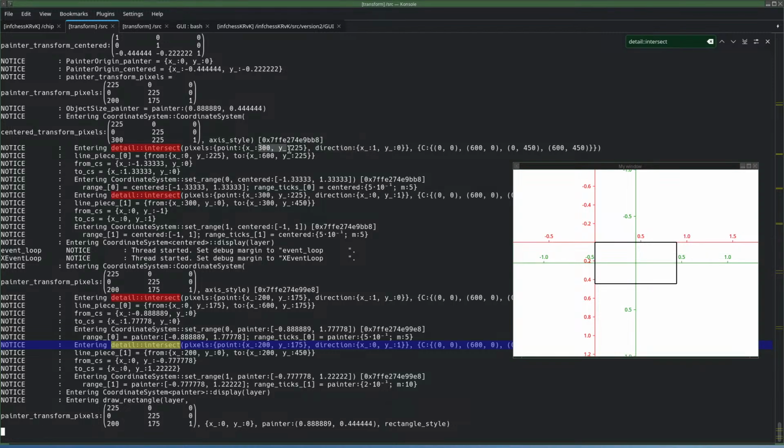And I guess this is the origin, a point that the line goes through, which is in this case the origin in the center here. Why does it print point in front of that? That's in pixels as well.